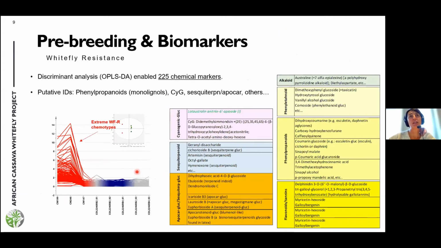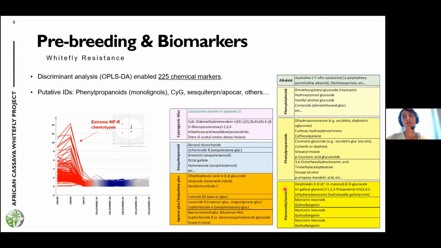But the discriminant analysis also enabled the identification of a number of chemical markers that differentiate both phenotypic classes, and we found 225 chemical features that highly accumulate in the resistant siblings. We are now in the process of confirming the identification of these chemical markers, but the putative identification so far reveals a wide variety of chemical classes involved.